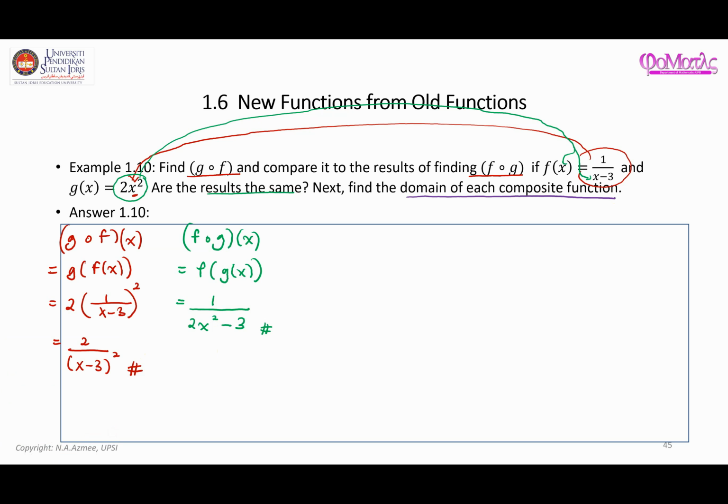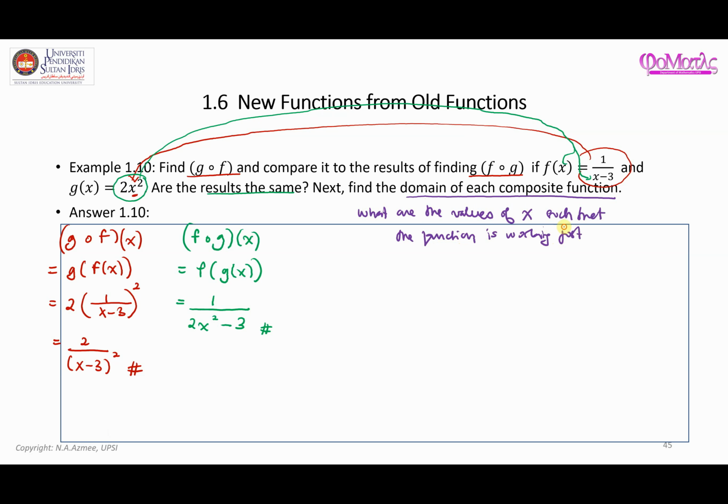I feel like I need to explain more about the idea of domain, because there are still a lot of students out there that are still confused about how to find the domain of a function. In simple words, when you talk about the domain of a function, you are actually wanting to find what are the values of x such that the function is working just fine.